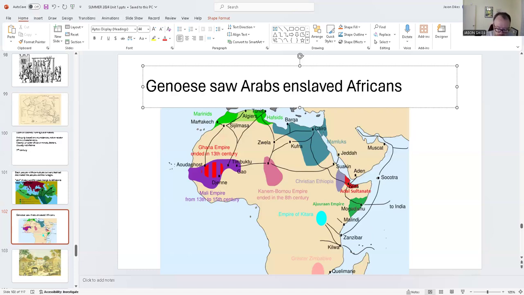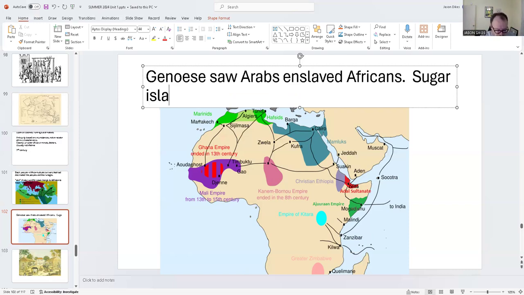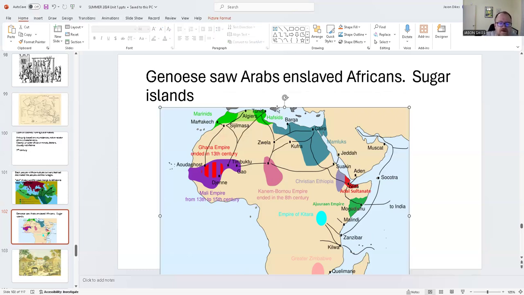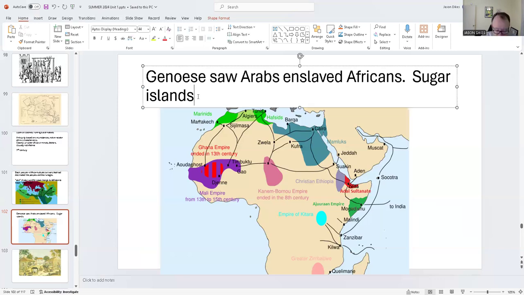We'll pick up where they left off, mainly for the sugar islands that the Genoese had in the Caribbean. So Genoa is now part of Italy, if you're wondering who are these people. But they were the first ones, because of their trade contact with North Africa. They ran across the enslavement of Africans, took the idea there.